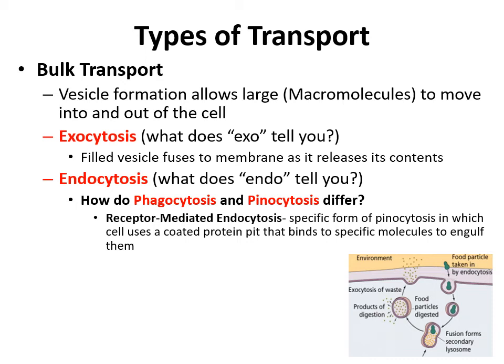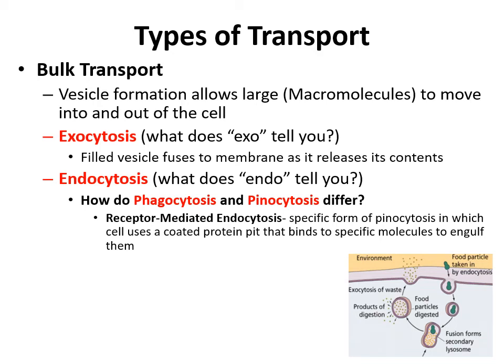And in this case, it's using a specific protein that will bind to small particles in the liquid. So it's a more specific form of pinocytosis. Think about it as someone who's lactose intolerant, so they will only want to drink soy milk or almond milk.